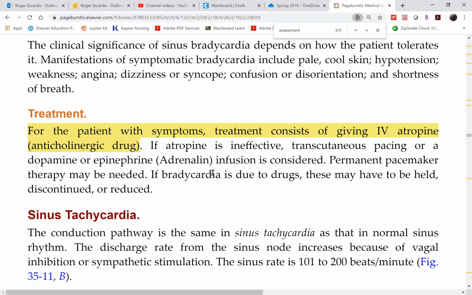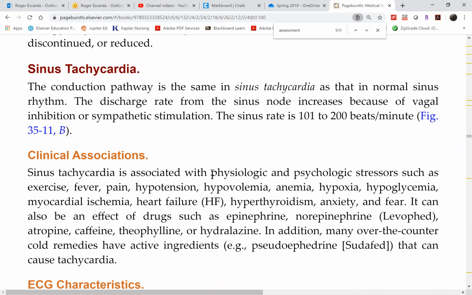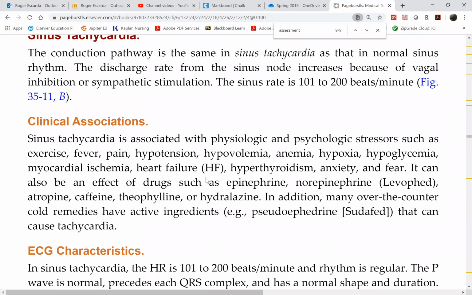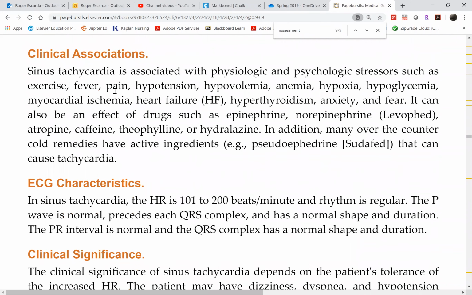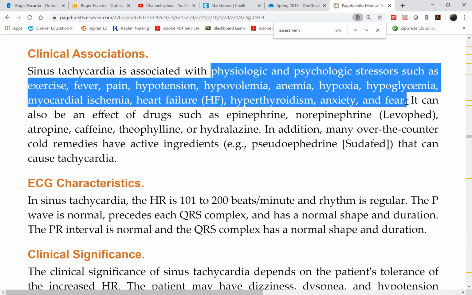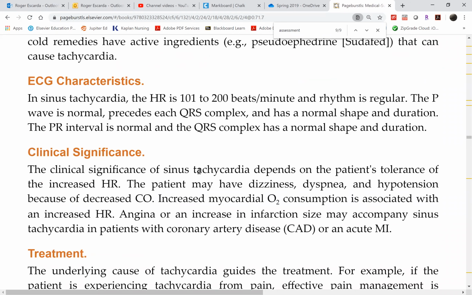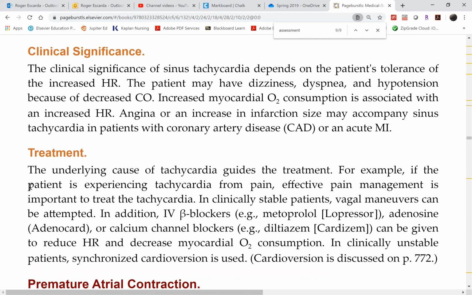In the case of sinus tachycardia, the same thing, because this is sinus. So it's the normal pathway, same as sinus brady. The only thing wrong is the rate. This time it's too fast. And there are many conditions that will lead to sinus tachycardia. So we have these triggers right here, both physical and psychological. In the absence of symptoms, the underlying cause guides the treatment.